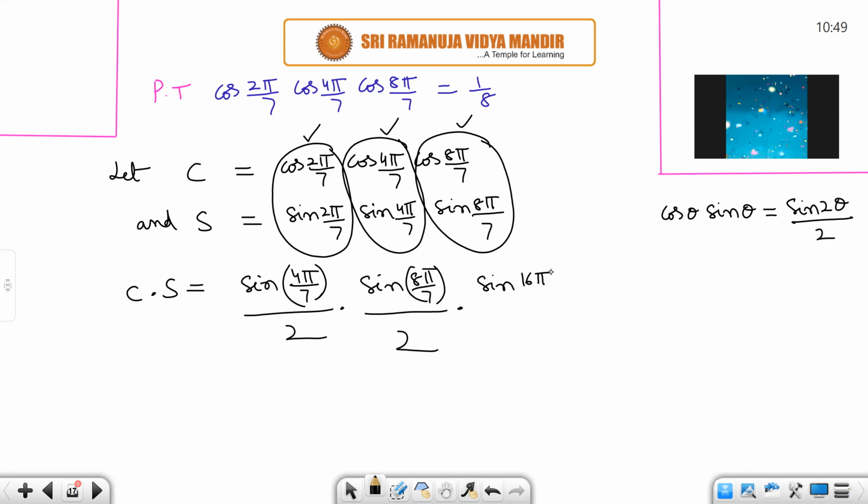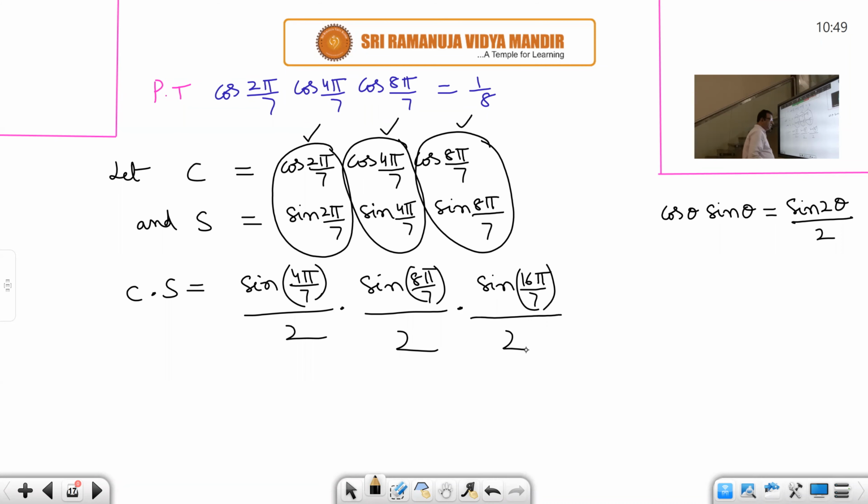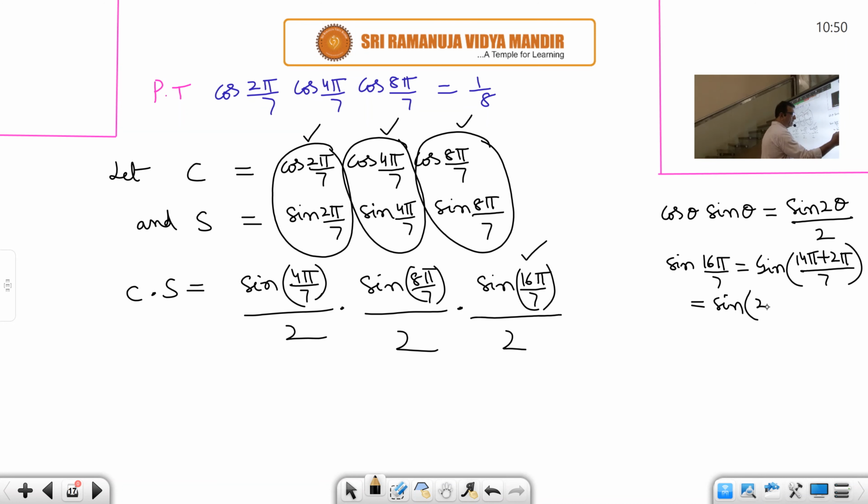Now, sin 16 pi by 7 here, is it not equal to sin 2 pi by 7? Yes, sir. Sin 16 pi by 7 is written as sin of 14 pi by 7, which is 2 pi, plus 2 pi by 7.